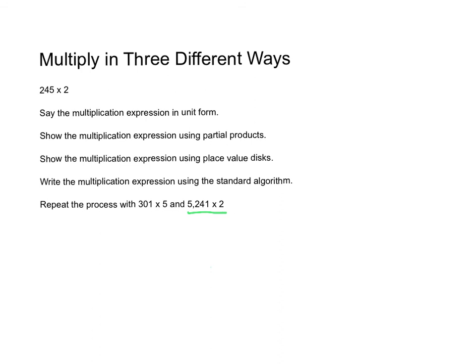So let's start that with partial products. 5,241 times 2. Well, 1 times 2 is 2 ones. 4 tens times 2 is 8 tens, or 80. 2 hundreds times 2 is 4 hundreds, or 400. 5 thousands times 2 is 10,000.